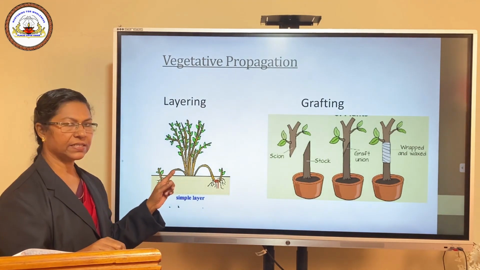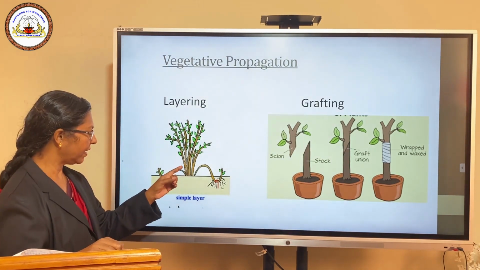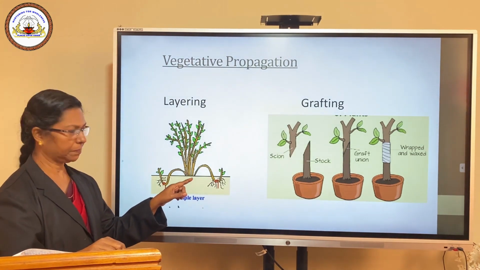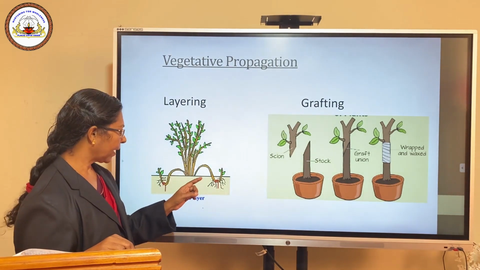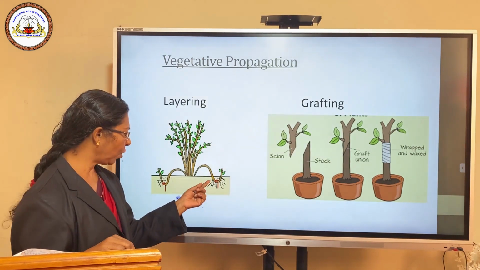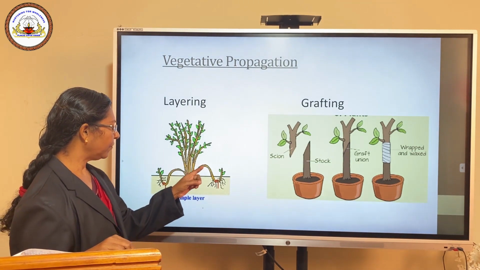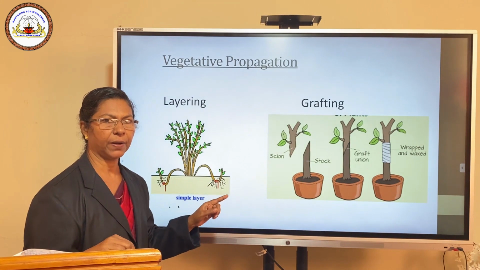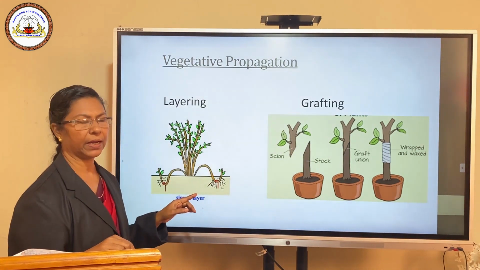In layering we can see a small branch, the lower branch of the plant, is bending down, and a portion of that branch is kept under the soil, and the tip portion is above the soil. After 1 or 2 weeks we can see small roots arising from this branch, and after that we cut this portion from the parent plant and plant it in another place, so it will grow into a new plant. That is the method of layering.